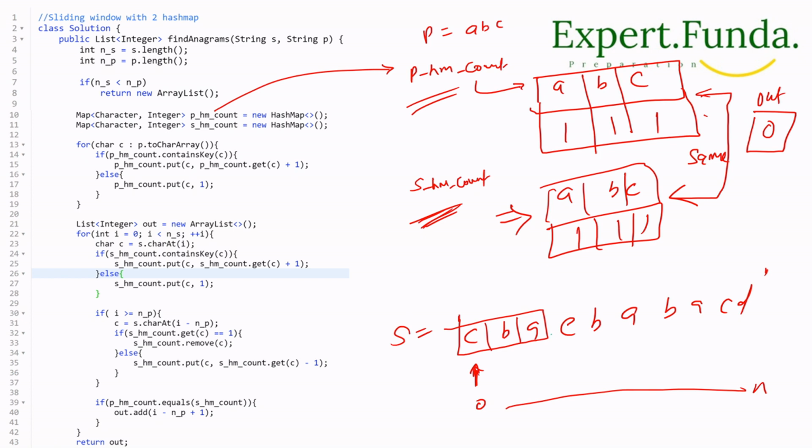So next time, if I come to the next position, from here to here, you will see this E, and that's why it is not matching. Both are not the same now, so if not the same, we will not do anything. Similarly, we'll do it for the next one.